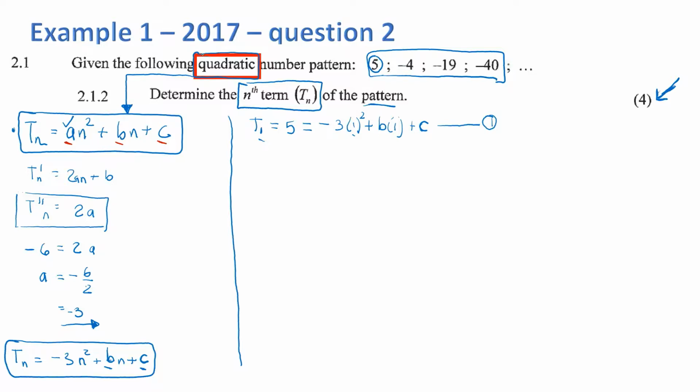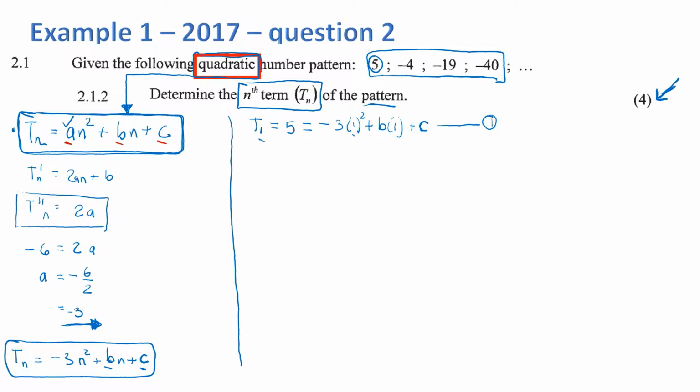They tell us it's quadratic, so we know the form of this equation. Already off the bat, we could solve a, because we have this entire sequence. And now we're going to solve b and c using simultaneous equations, right?